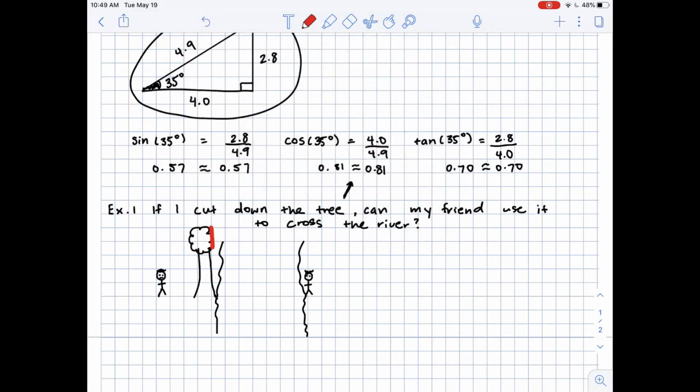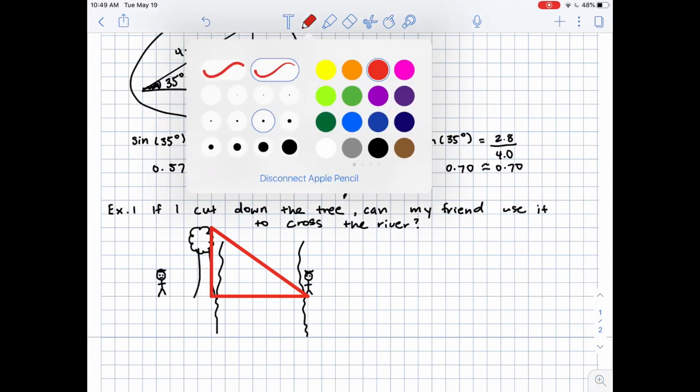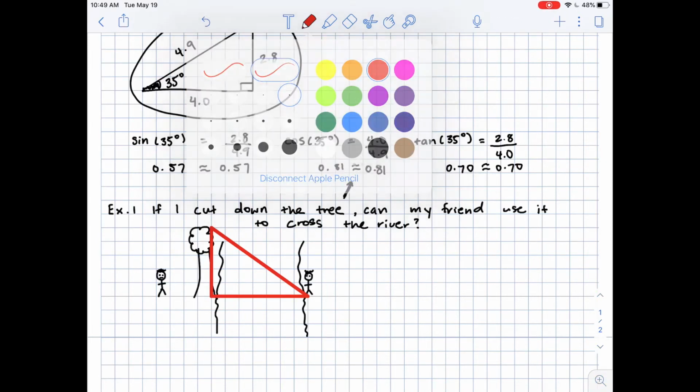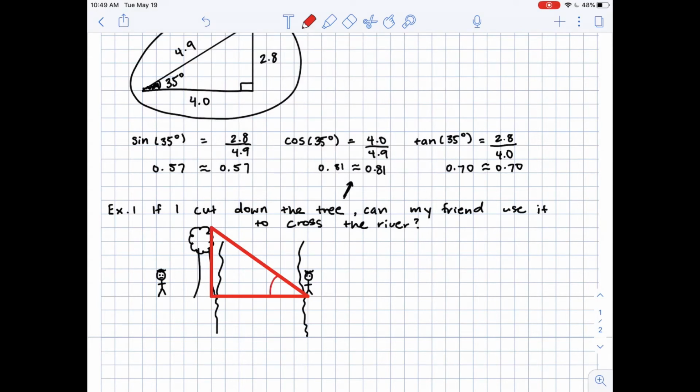He's gonna have a right triangle. Okay, here's a right triangle. And he knows that this angle right here is going to be 48 degrees.